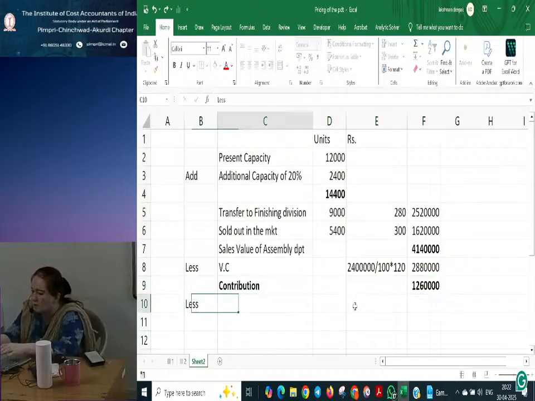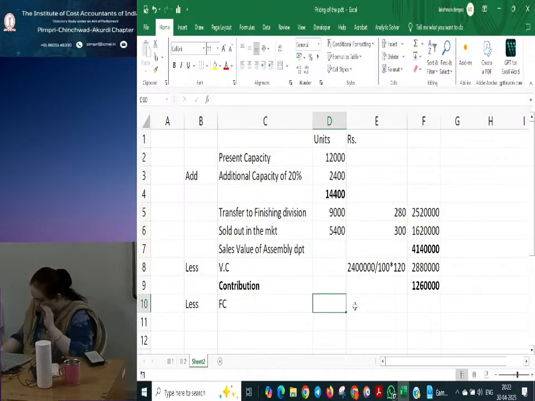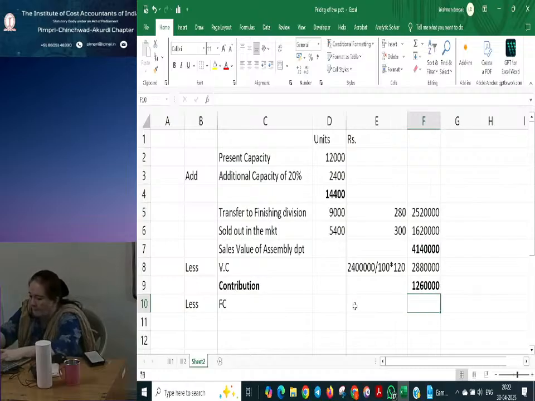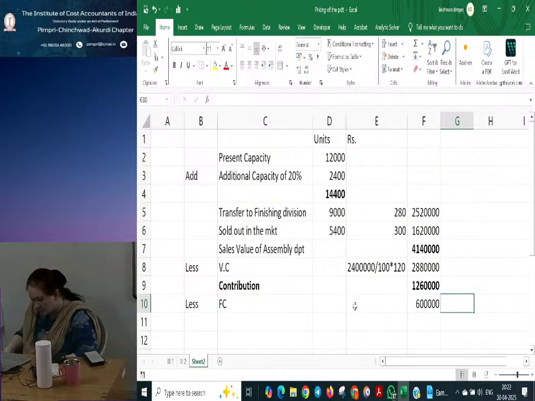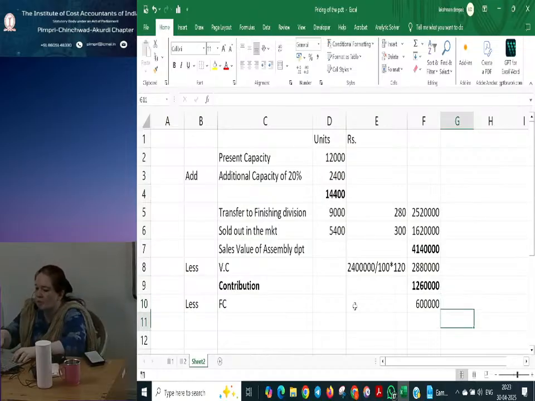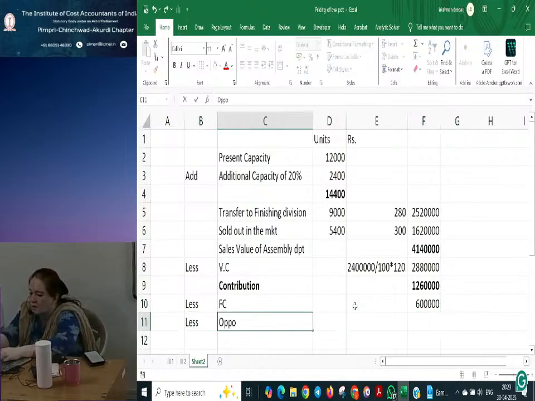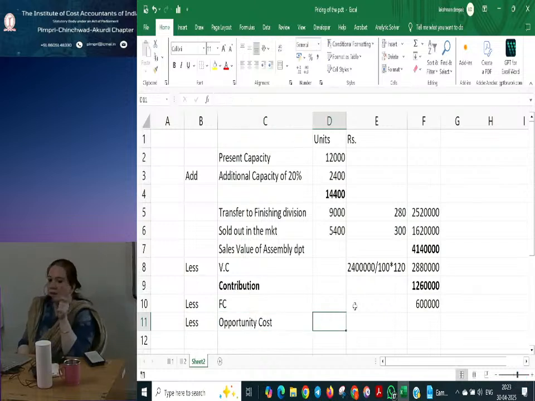Now coming to your fixed cost, they have told us that there is going to be no impact on the fixed cost, which is going to remain at 6 lakhs itself. What else do they have there? You are required to give your recommendation assuming the opportunity cost of capital is 15%. So whatever you are going to invest for this particular thing is going to have an opportunity cost. See, this will not form part of your cost statement. This is your decision making process.